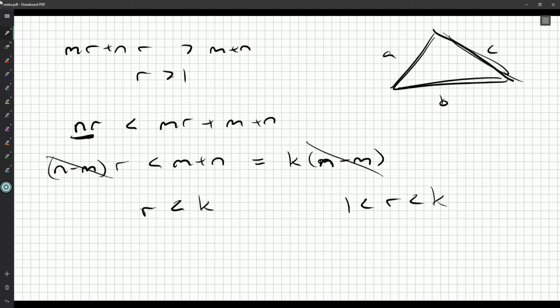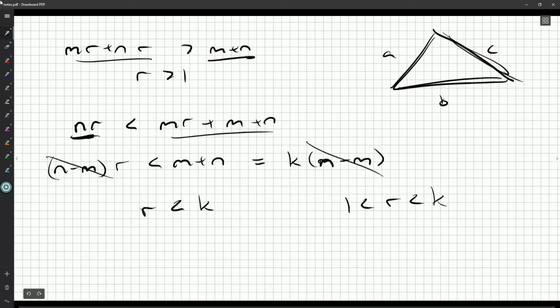Can we make anything stronger? Well, so we've done that this side has to be less than the other two. This side has to be less than the other two. MR less than NR plus M plus N is already known because MR is less than NR, so that doesn't really tell us anything.